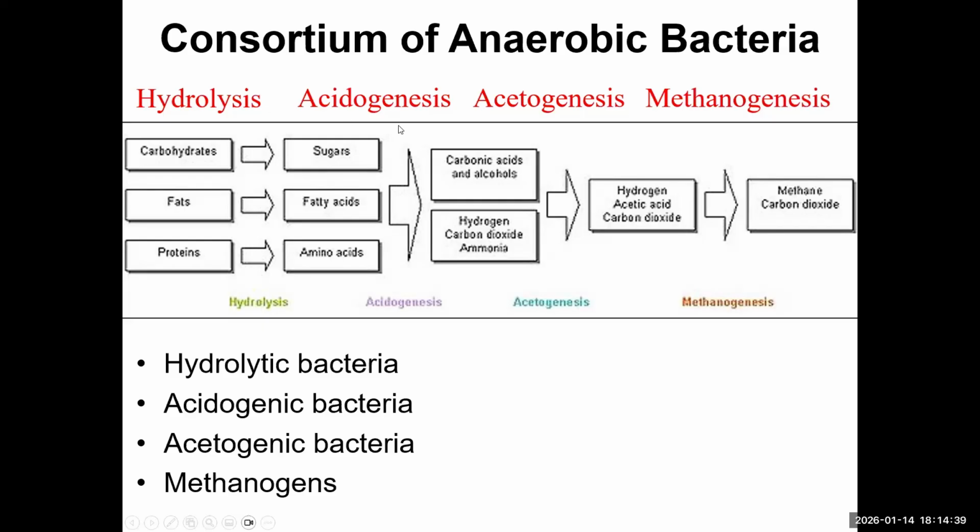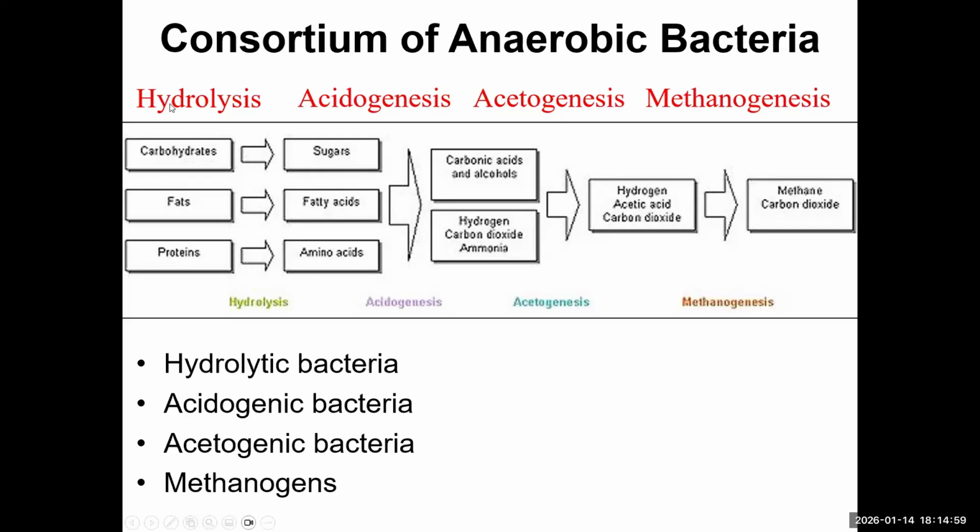There are four major processes that occur in the anaerobic digester: hydrolysis, the fermentation step, acetogenesis, and methanogenesis.